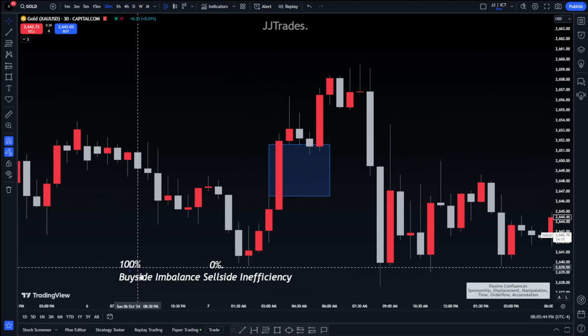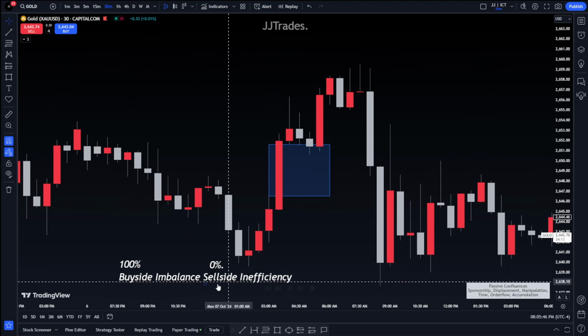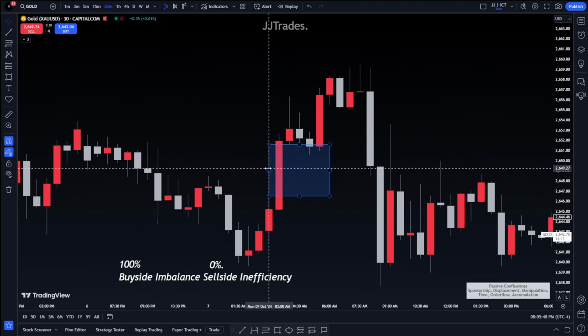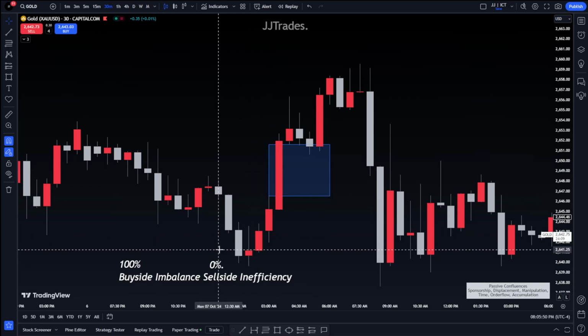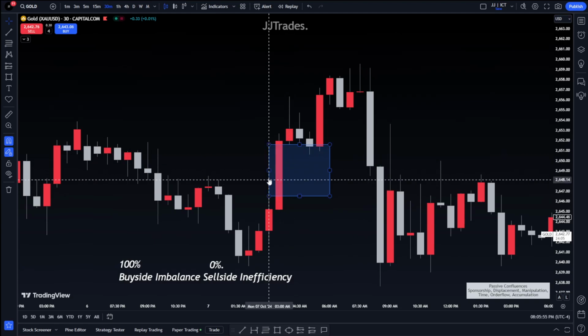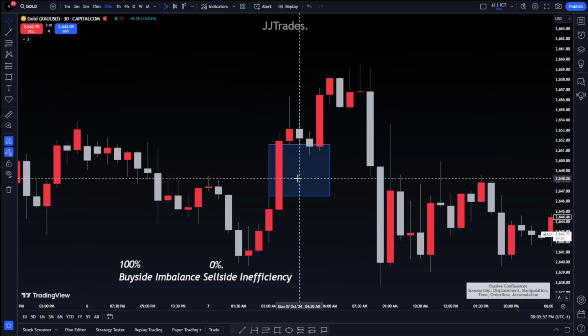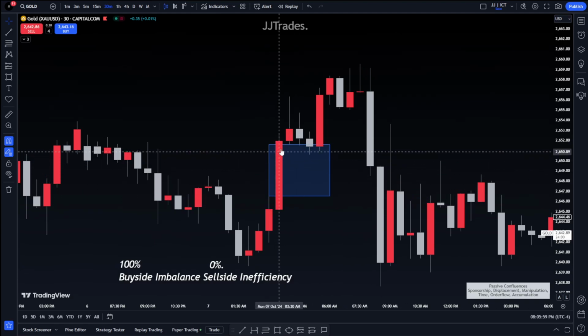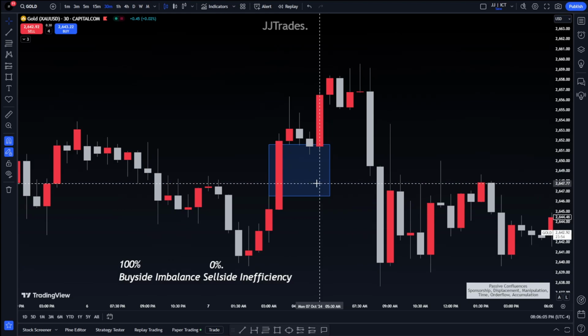So whenever there's too much buy side, you will see it in the form of a bullish fair value gap, which means that there's no sell side being offered within that range. Within these 3 candles in this range here, there was no sell side being offered. And what price will do is price will come back into these ranges.